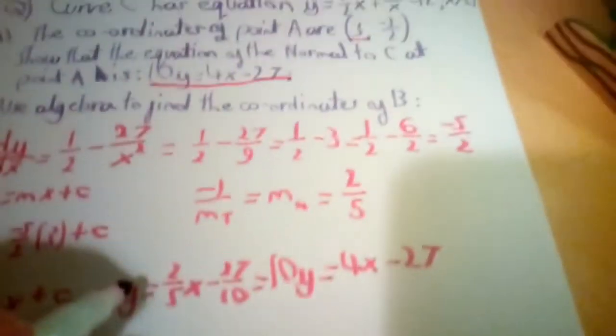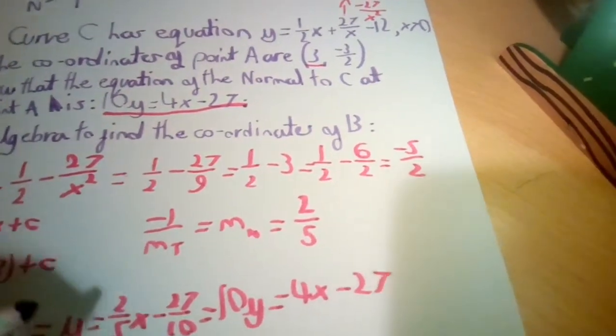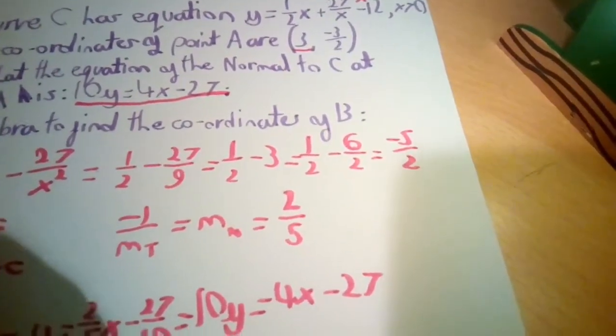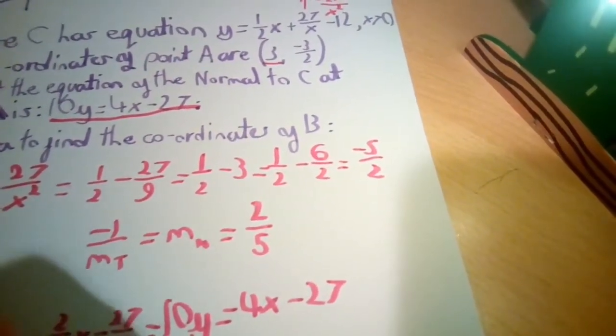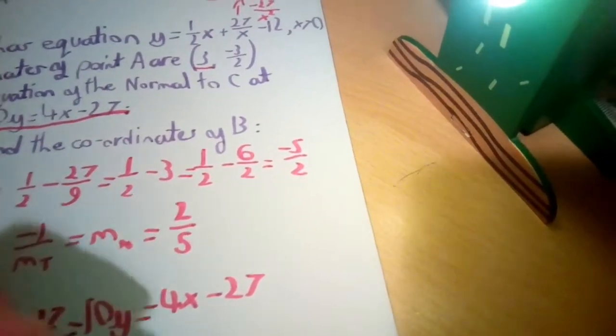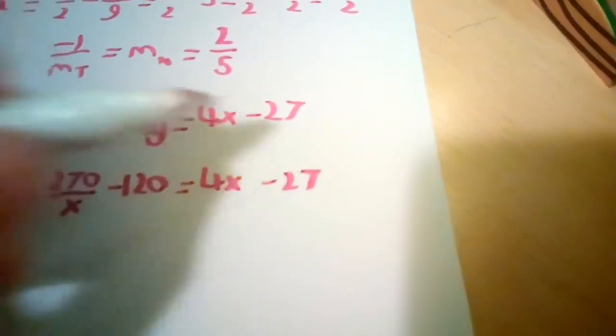Instead of y equals a half x plus 27 over x minus 12, we're going to say that a half times 10 is 5x plus 270 over x minus 120, which is equal to 10y, which is equal to 4x minus 27, because that is the normal.